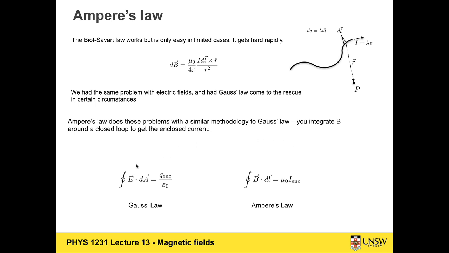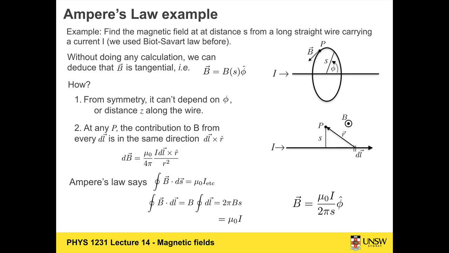Now, it's really interesting because in a couple of lectures, we'll see how we can write Gauss's law and Ampere's law using the notation of differential calculus, and these will turn out to be two of Maxwell's equations. But anyway, from 1B, you should remember Ampere's law and how to use it.